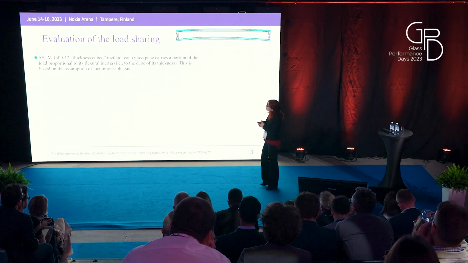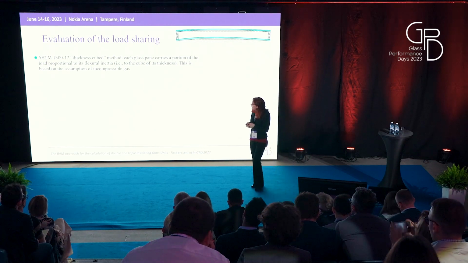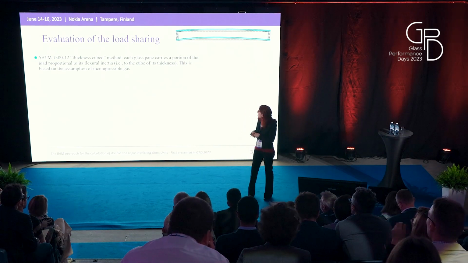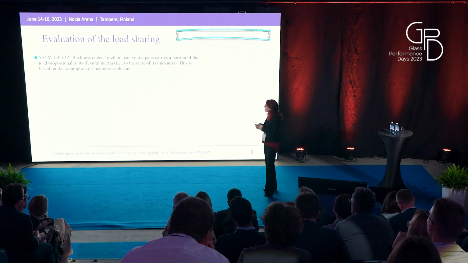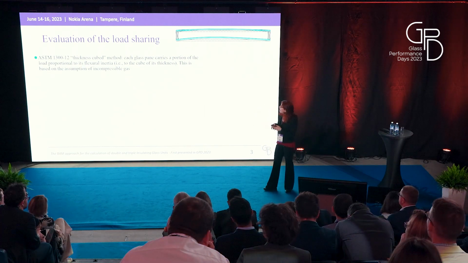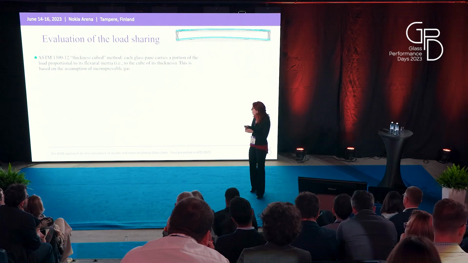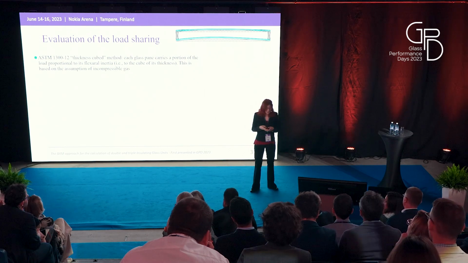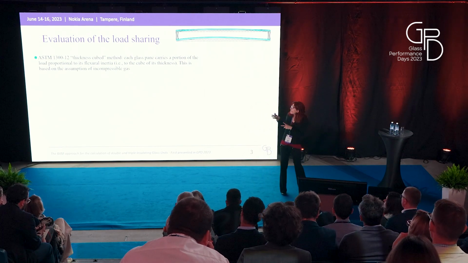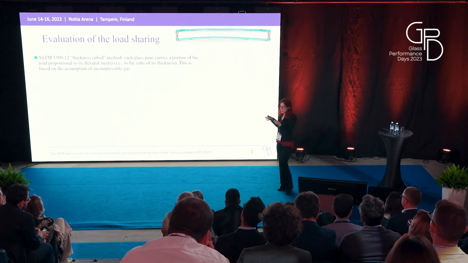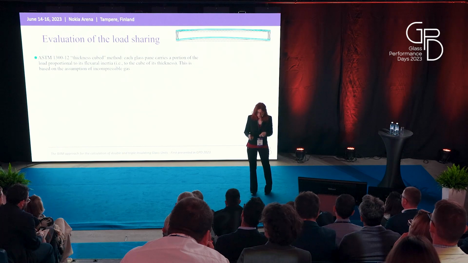Probably the simplest one is the method proposed by the ASTM, according to which each glass pane composing the IGU carries a portion of the applied load that is proportional to its flexural inertia, so to the cube of its thickness. It may be verified that this is equivalent to completely neglecting the compressibility of the gas.